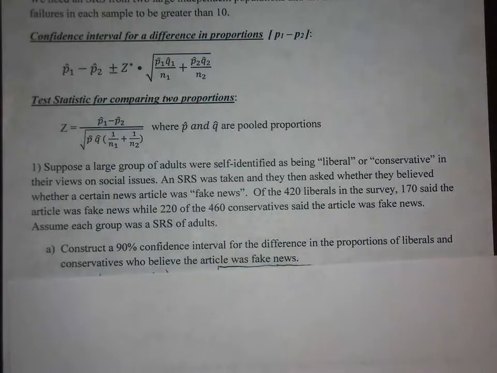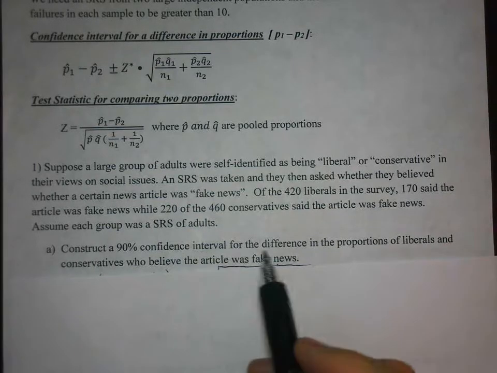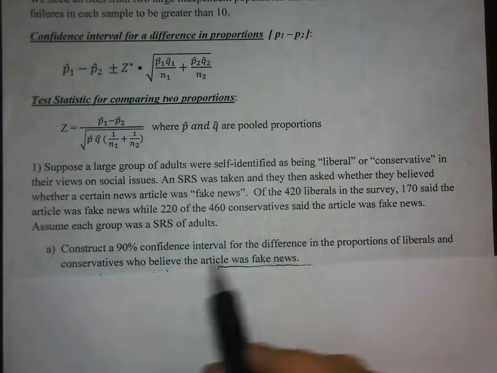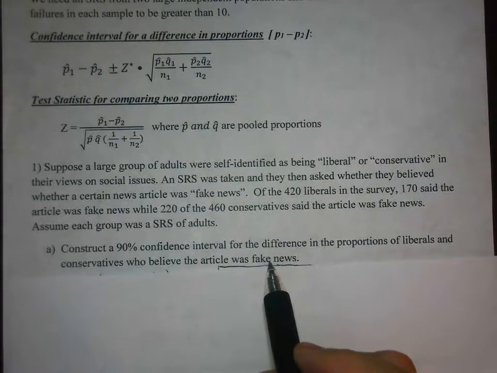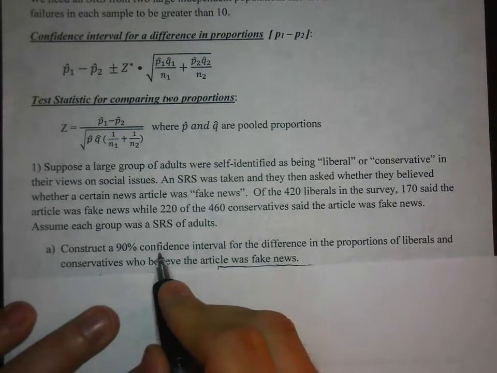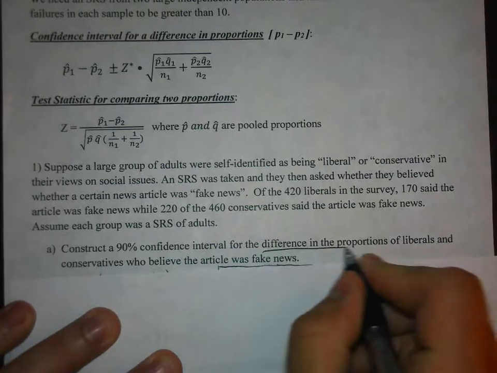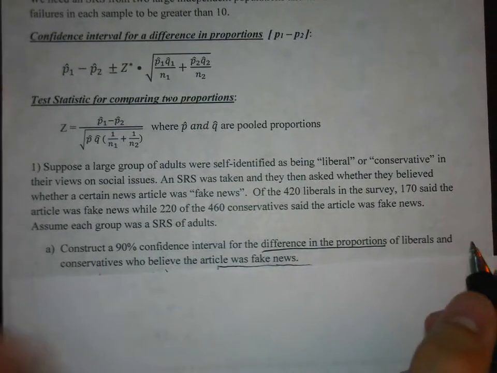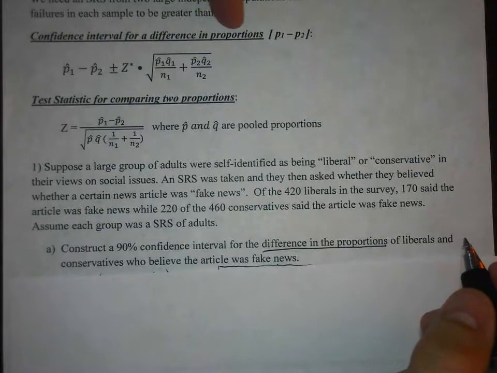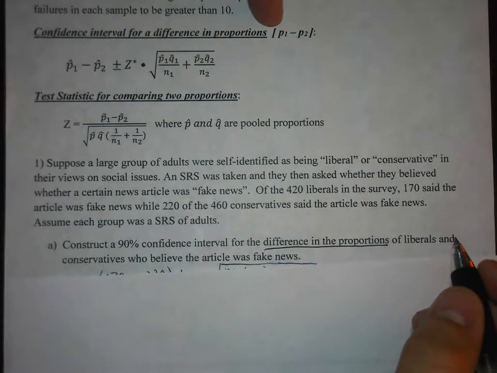So we'll construct a 90% confidence interval for the difference in proportions of the liberals and conservatives who said the article was fake news. So here we have a confidence interval for a difference in proportions, P1 minus P2.